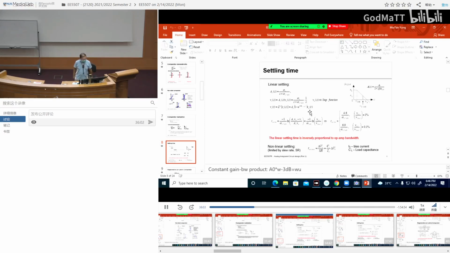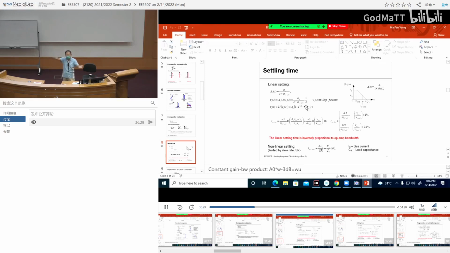Because there's an exponential settling, we can define the settling time. That means I want to know how long it takes for my output to reach, let's say, 99% of the final value, or 98% of the final value. Because for it to reach 100% of the final value will take how long?